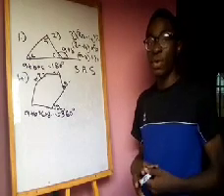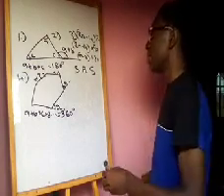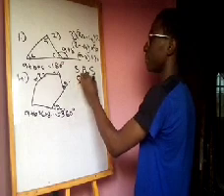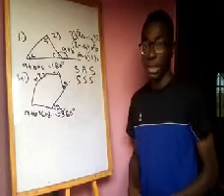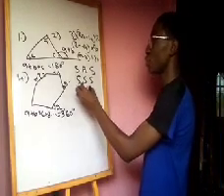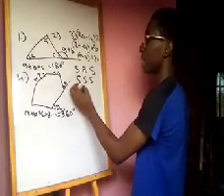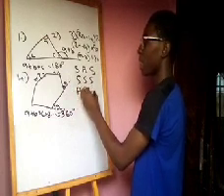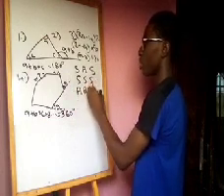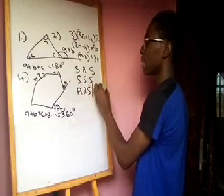The next condition for congruency is that you can have the three sides given, and when their three sides are equal, that's another condition for congruency. Then the third one is that you can have two angles and a given side. That has two forms: angle, angle, side, or angle, side, angle.